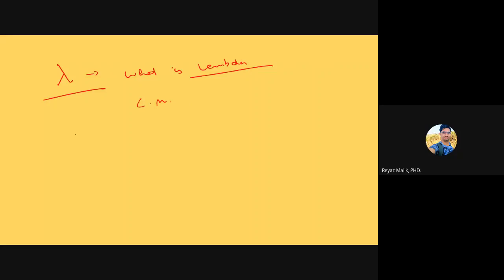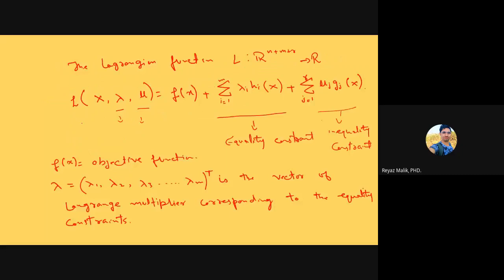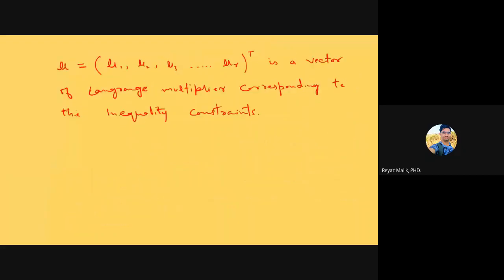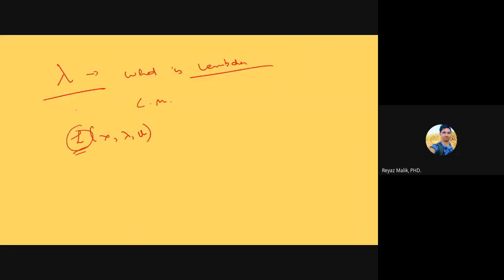If we write a function like this, when we write x, lambda and u, that time this is the Lagrangian. I have written it already, but I forgot to describe it here. You can see here, L. So this will be called the Lagrangian symbol to denote the Lagrangian function.